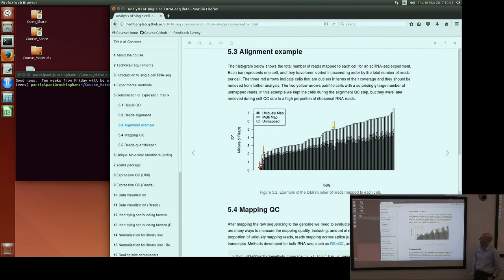We have no idea why this is. We basically mark these cells and decide to follow them a little more closely to see if there's something else funny going on with them. But in general, we don't see a good reason to exclude them just based on this. It's something to keep an eye on, really. That's all we can say at this point.